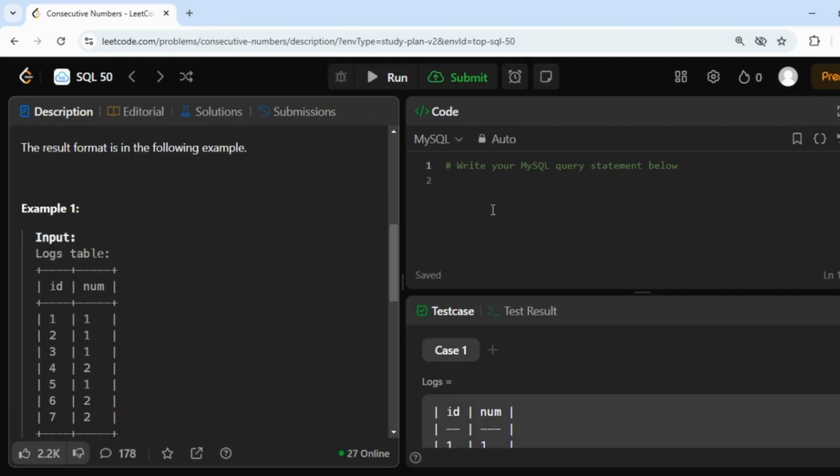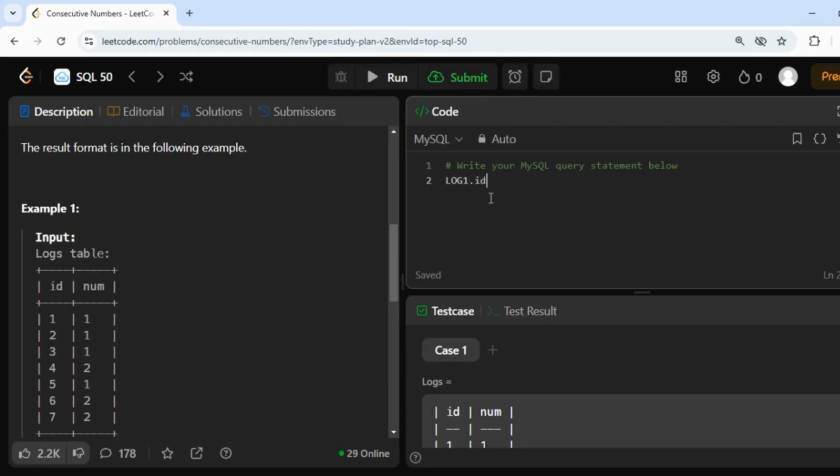So the logic is this: if I have three similar tables, log1, log2 and log3, and I match the IDs and the nums, it will look like this. Take log1 as one table.